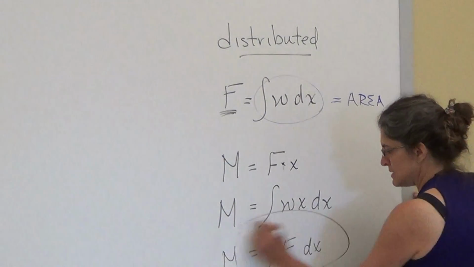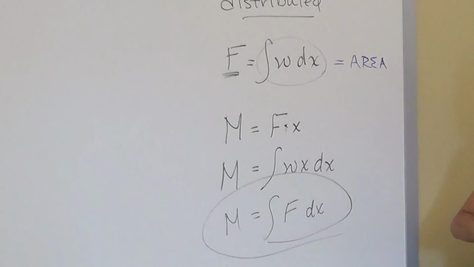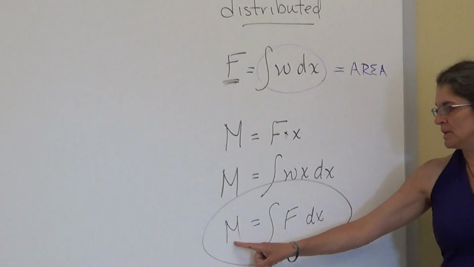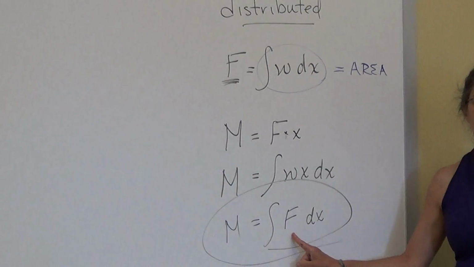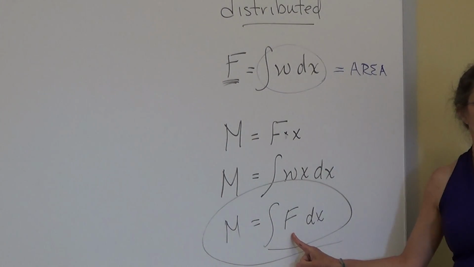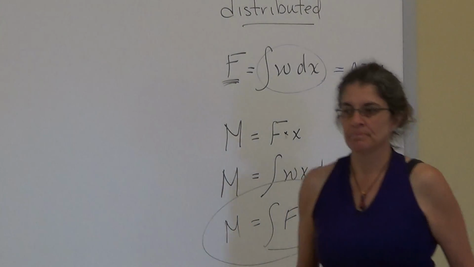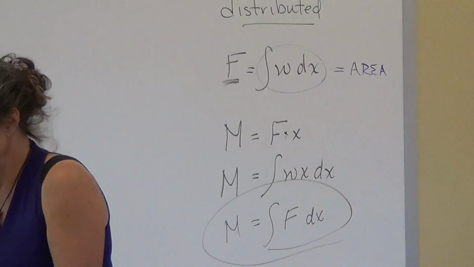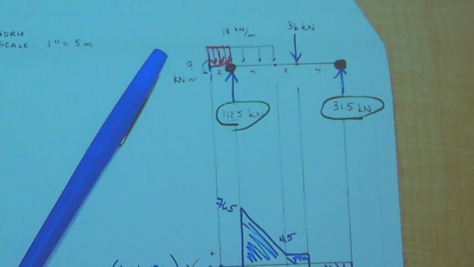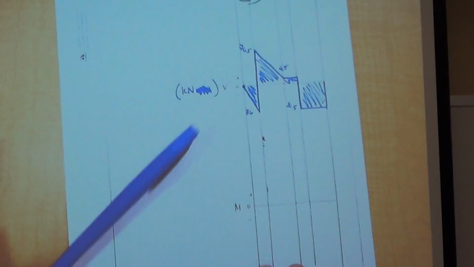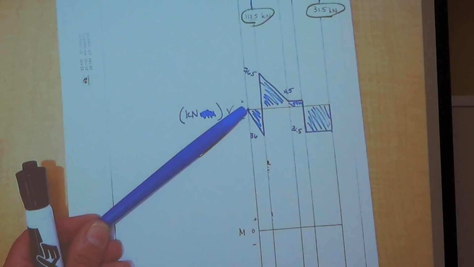The moment is equal to the integral of the force diagram, which means the moment is equal to the area of the force diagram. Hang on. The shear diagram is equal to the area of any distributed load. The moment is equal to the area of the shear.